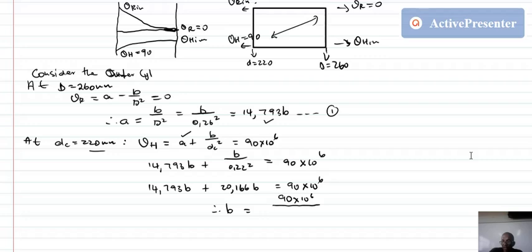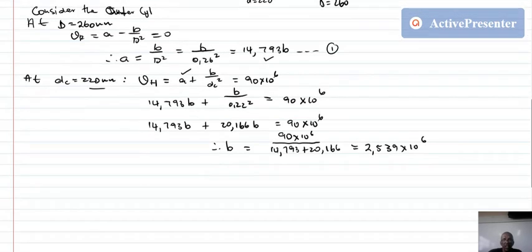It will give us 14,793 plus 20,166, and then that means our B will give us the value of 2,539 × 10^6, right?